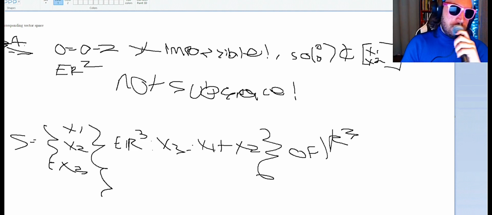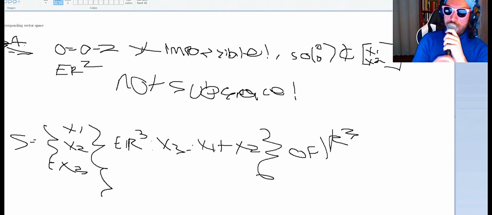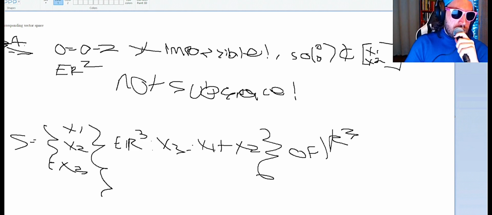And I'm kind of running out of space there, and I haven't quite figured out how to erase stuff very easily, so I'm just gonna do my little trick.